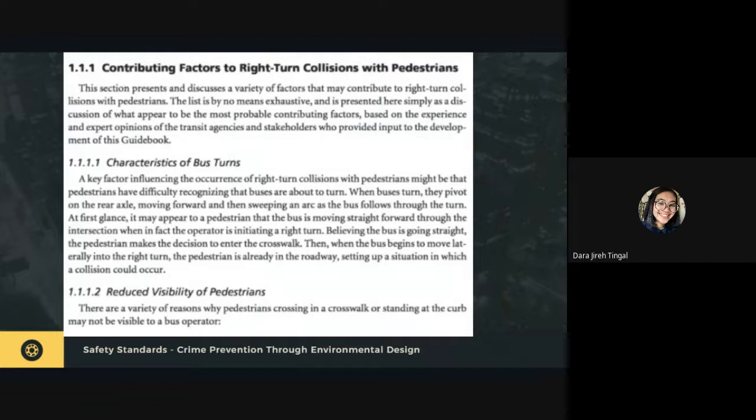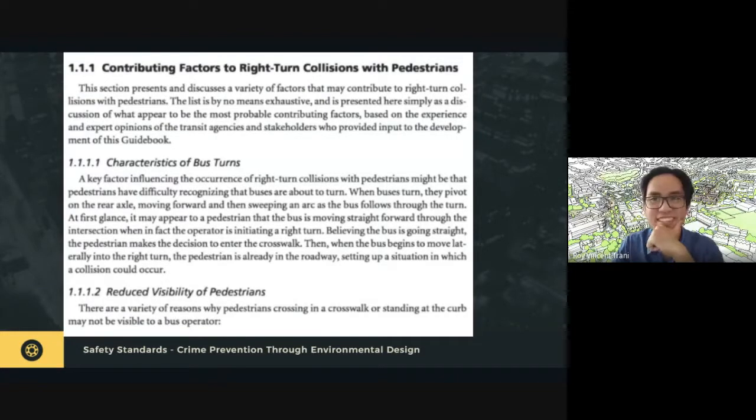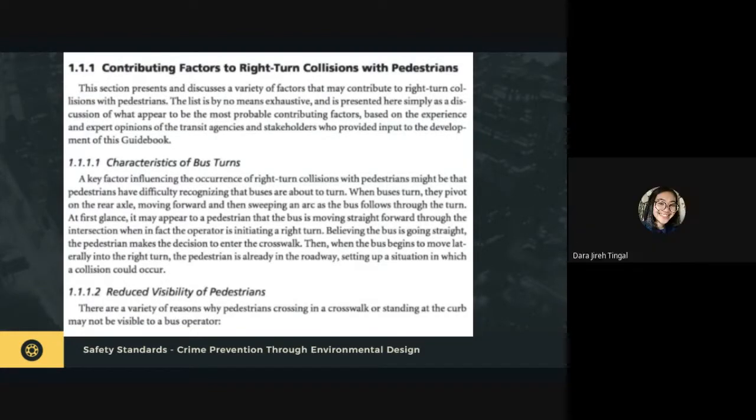In the instance that a bus turns right or left, it may appear to the pedestrian that the bus will move straight or turn left or right.